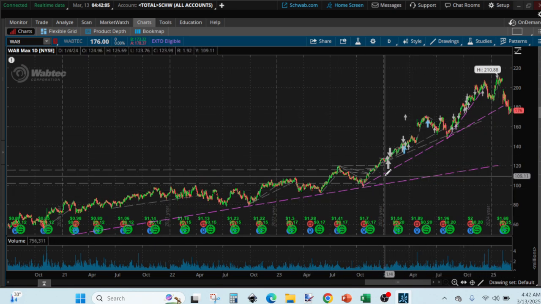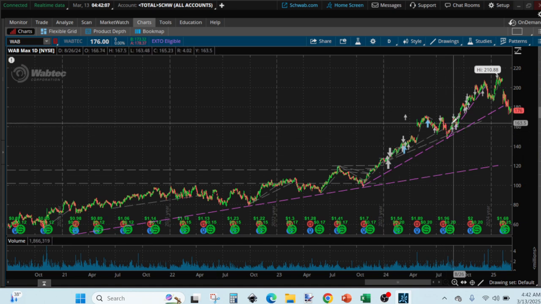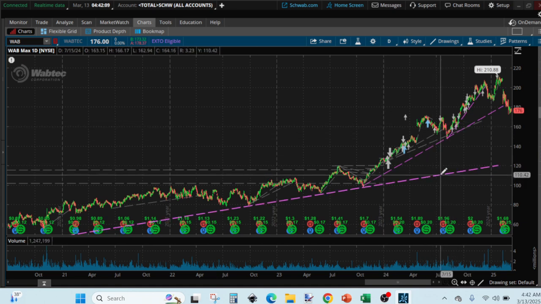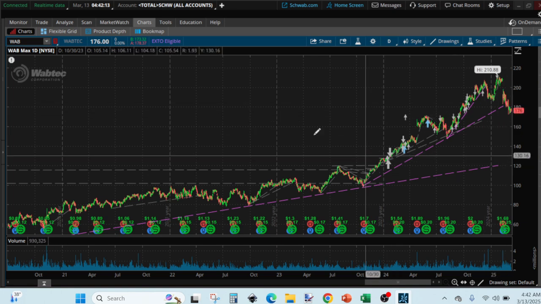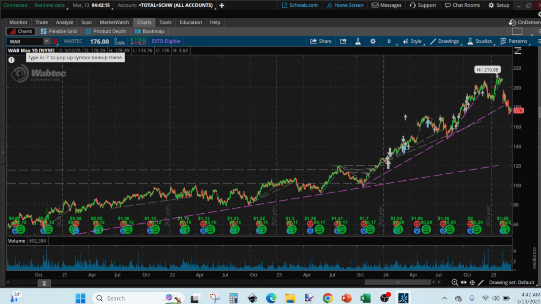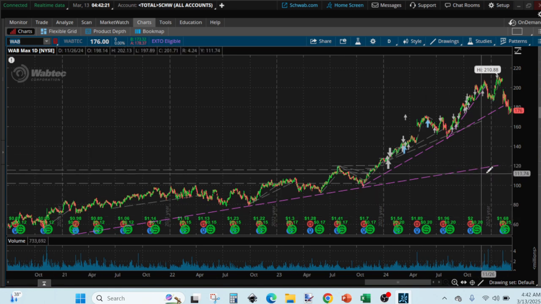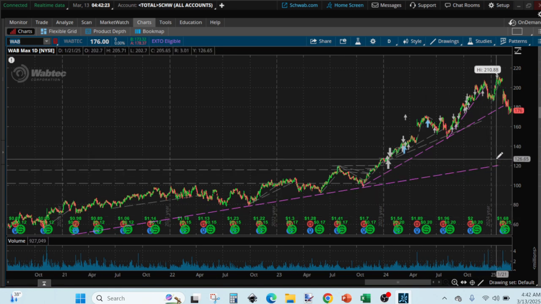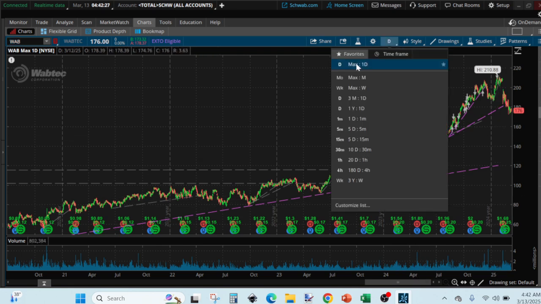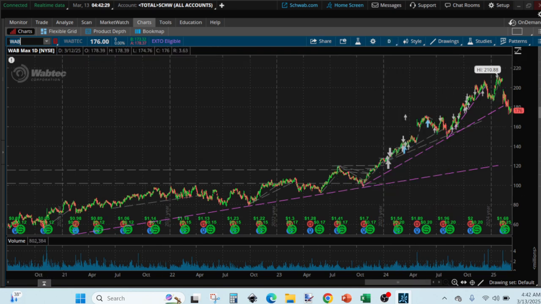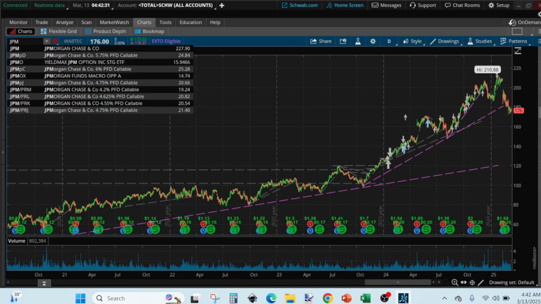Because on the 1 year daily chart, if the stock didn't touch base with a trend line and that trend line is low relative to where the price is, you may not see that trend line on the 1 year daily chart. But since our support lines are the lines where we like to buy the stocks, we like to see them. Therefore, I'm going to use the maximum daily chart, JPM.